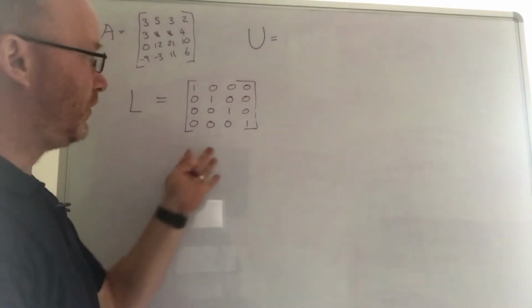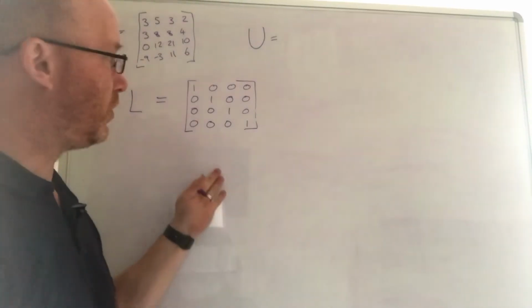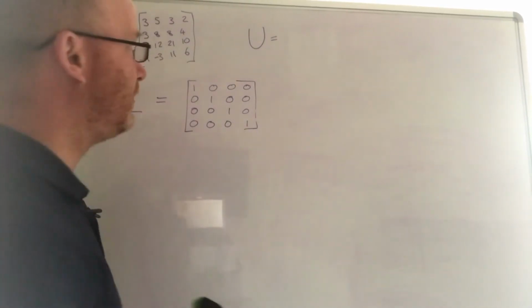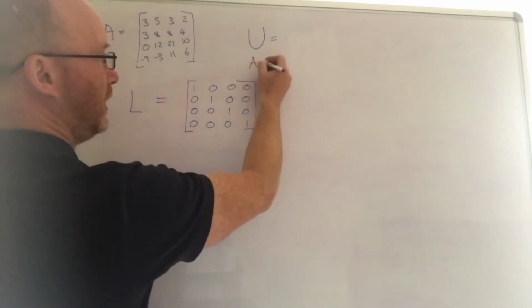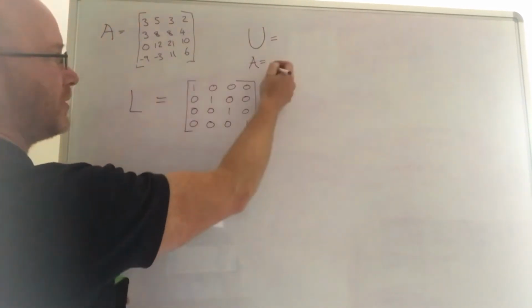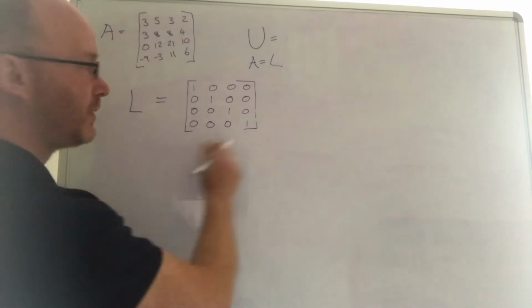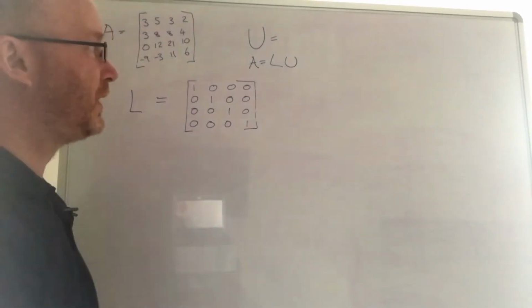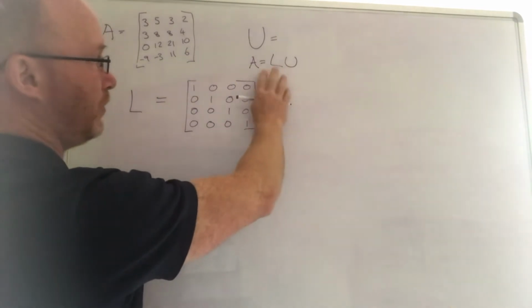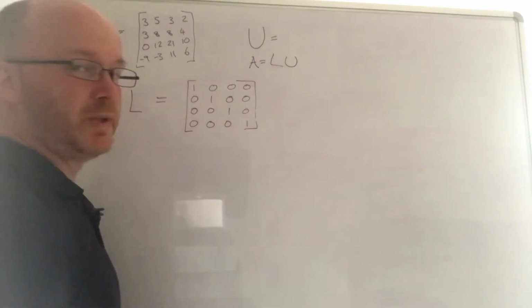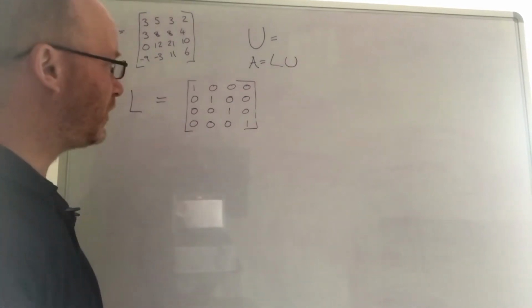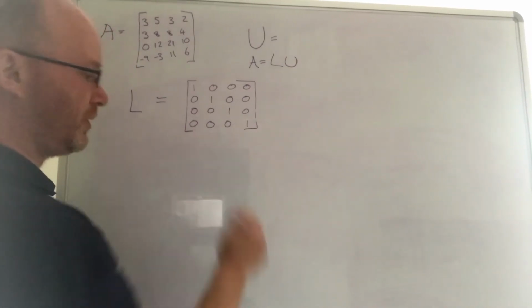Okay, so we're going to use A is equal to L, the lower matrix, which is this, multiplied by the upper matrix, which we're going to populate in a second. If we multiplied the upper matrix by the identity matrix, we would have the same value.